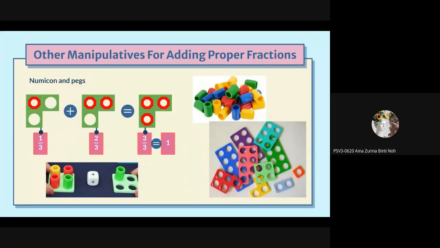Other manipulatives that we found are Numicon and packs. This Numicon is like a template for different values. If the denominator is 1, then there is only one whole, and so on.